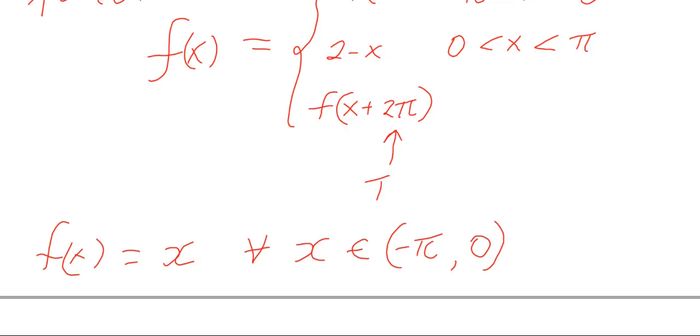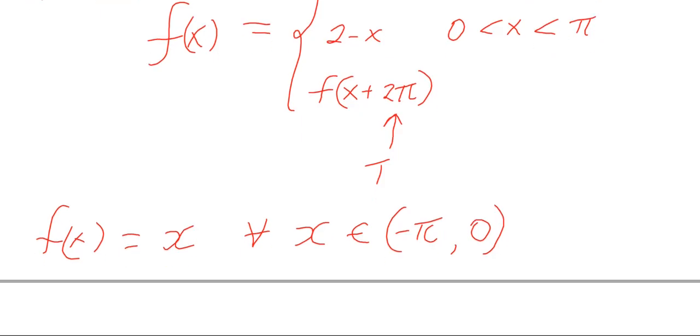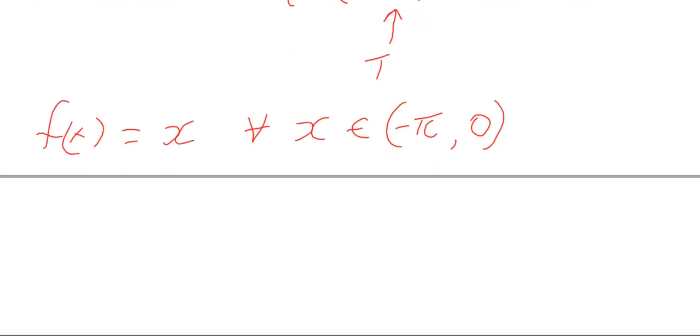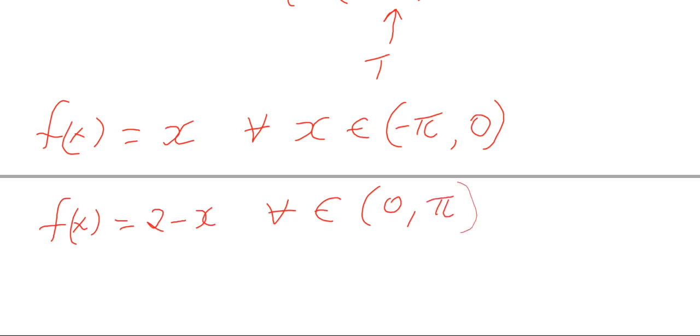Then the next line says that the function is defined as 2 minus x in the region between 0 and pi. So the next line says that f of x is equal to 2 minus x for all x in the interval between 0 and pi.